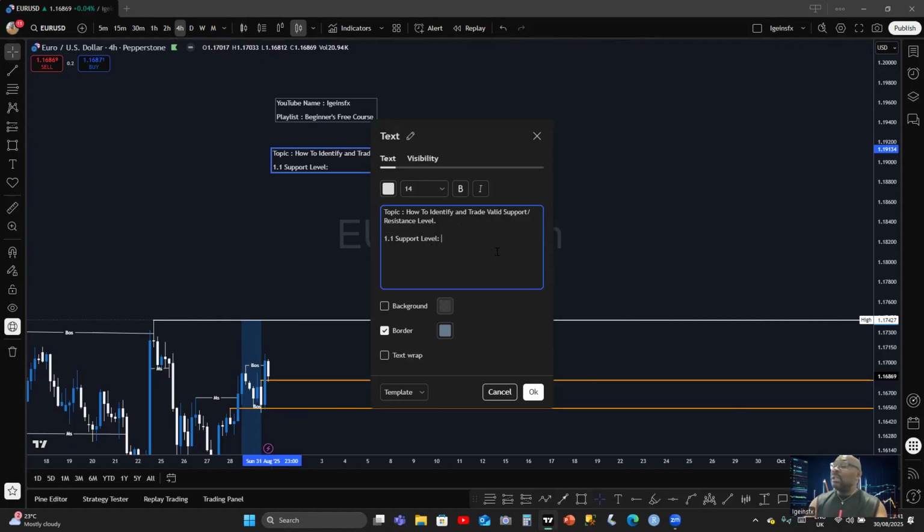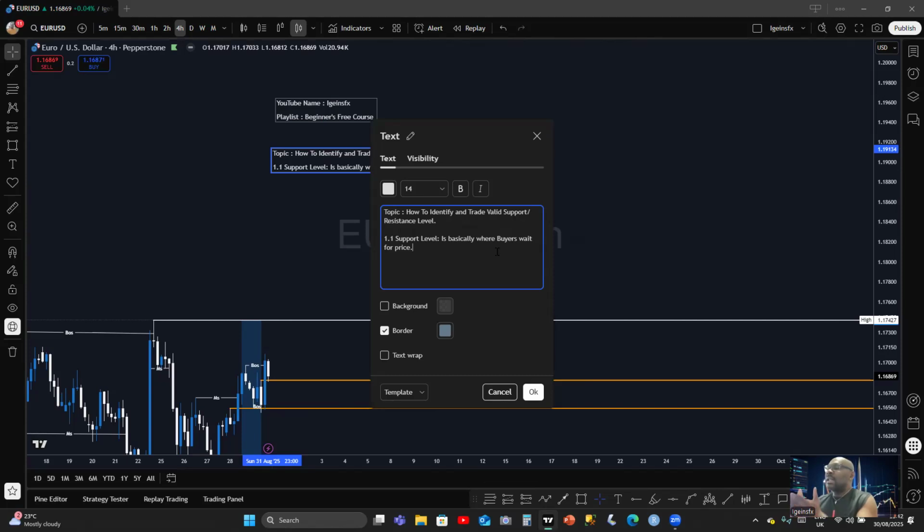A support level is basically where buyers wait for price. It's just a place where buyers wait for price.